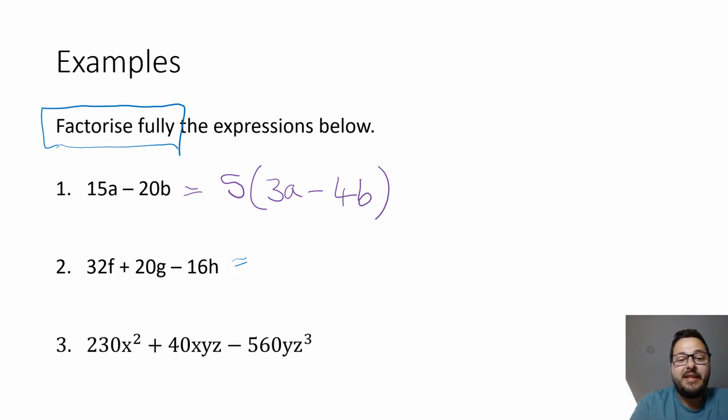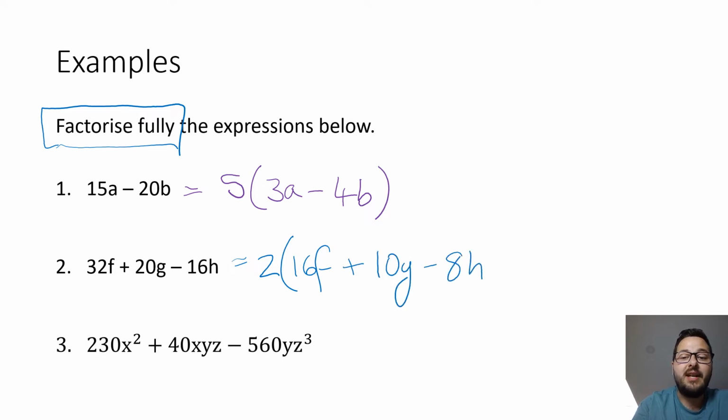So let's say we want to take out 2. We just want to divide everything in here by 2. So 32 divided by 2 is 16. 20 divided by 2 is 10. And 16 divided by 2 is 8. Once you've done that, you can say, oh, actually, in my brackets, these are all still in the 2 times table. So I can divide by another 2.